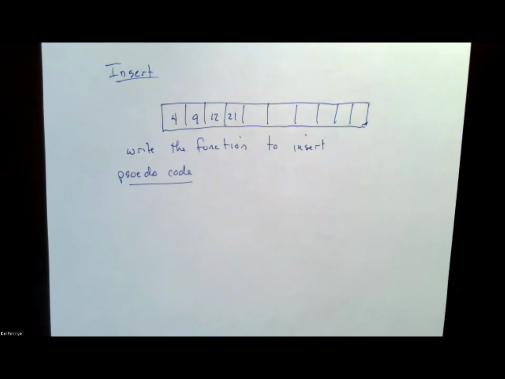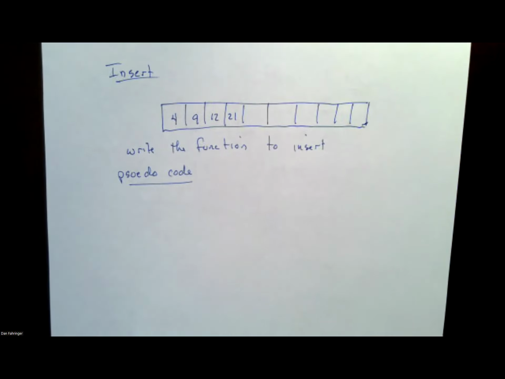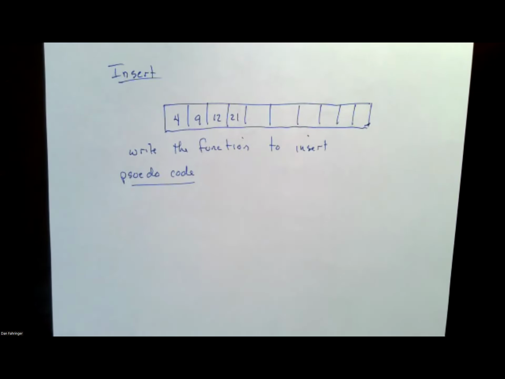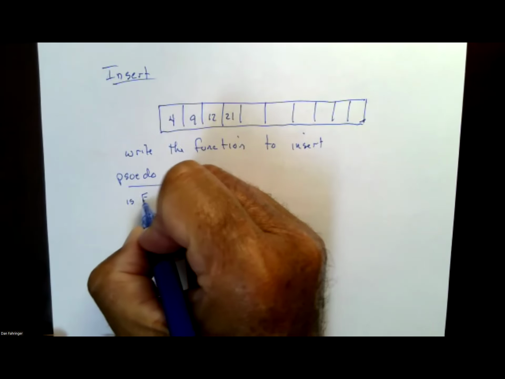Well, what's the very first thing I want to do? Check to see if the array has enough room for what you're putting in. Okay. What else would we want to check? Would it be to see if it's empty? So the pseudocode is, first thing I do is see if it's empty.